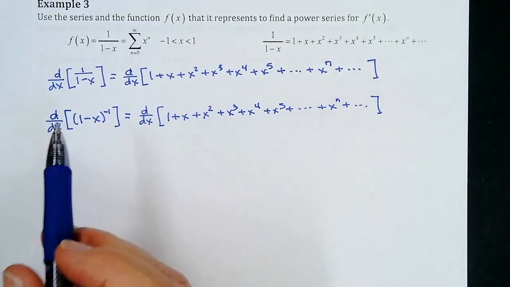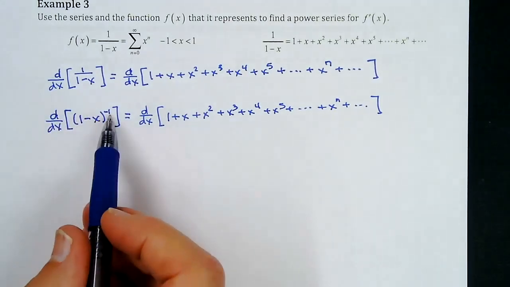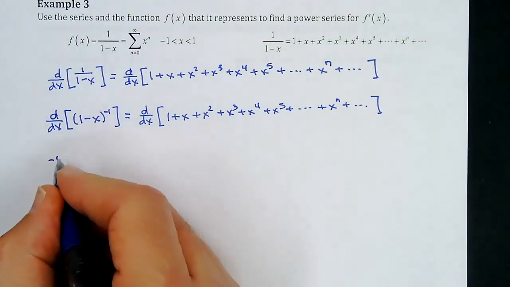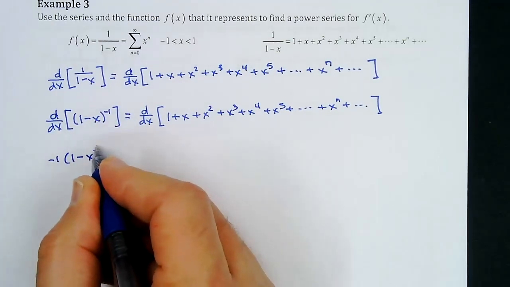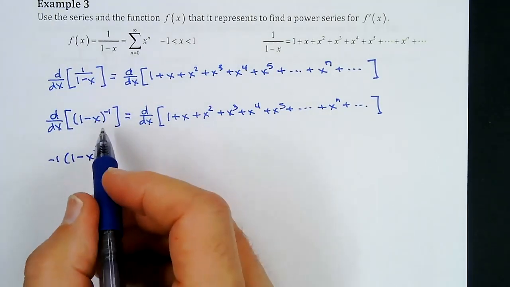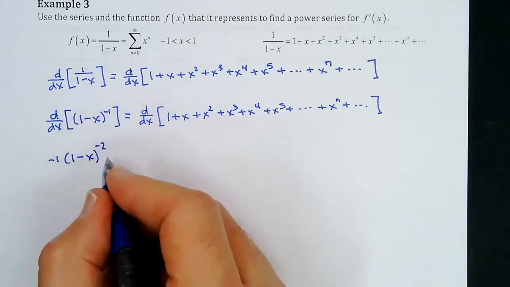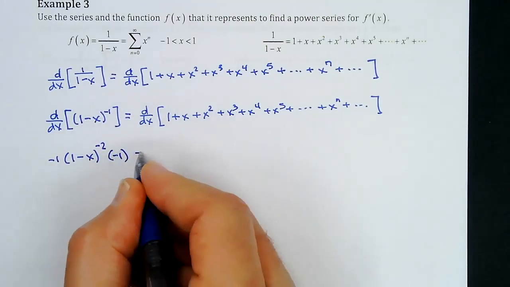When we take the derivative of this, the power comes down, so that's -1 times 1 minus x. We subtract 1 from the power, so that's -2. And now we take the derivative of the inside function, which is -1.